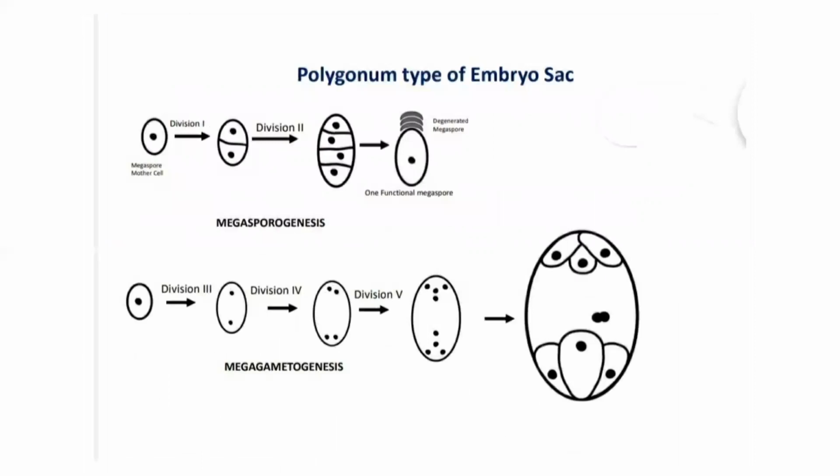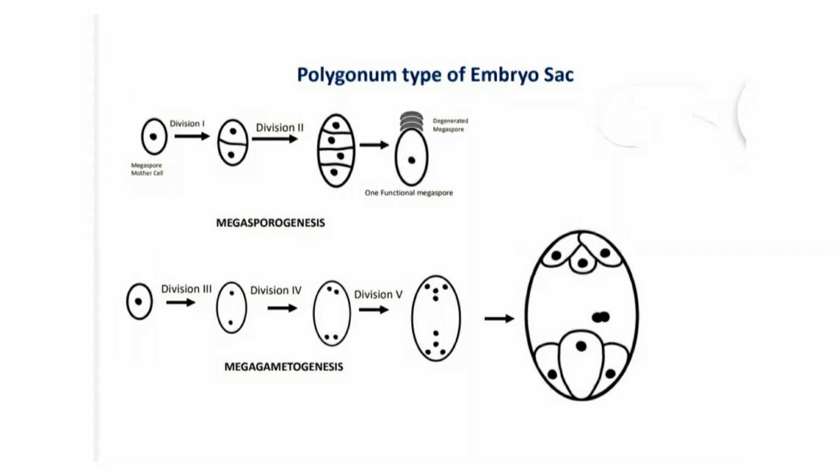This is the Polygonum type of embryo sac. You can observe keenly that only the development part is different in Polygonum and Oenothera; the remaining pattern is the same.